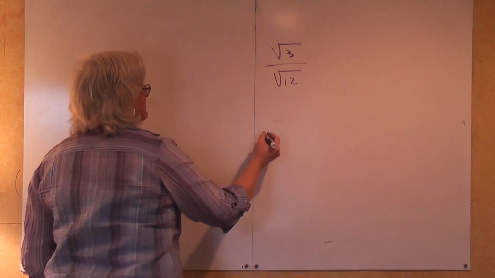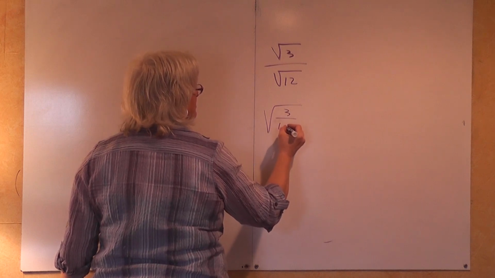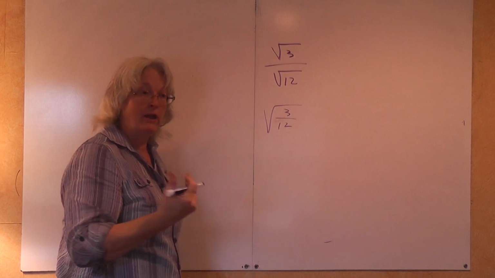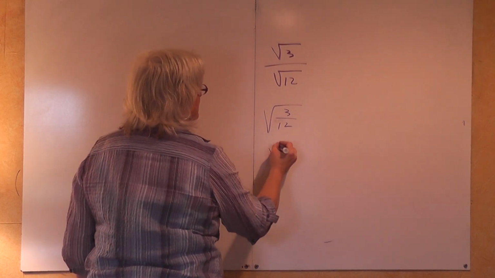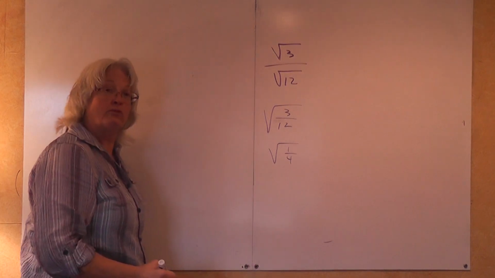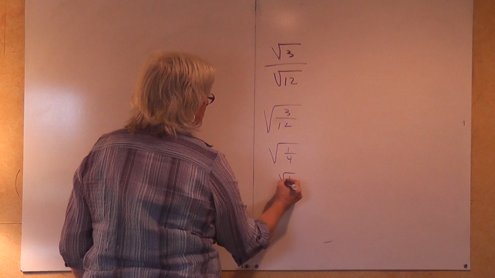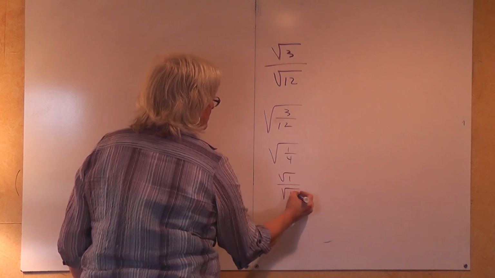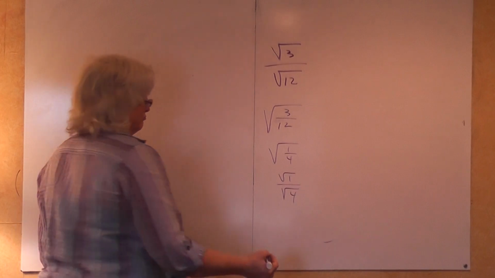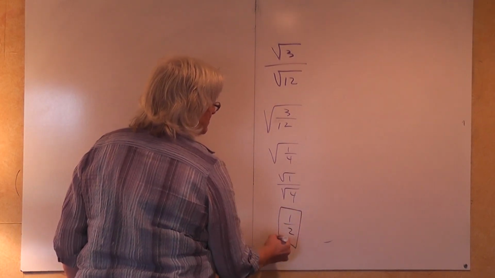So why don't we use our division property that says this is the square root of 3/12. Go ahead and reduce 3/12 into 1/4, isn't it? Square root of 1 divided by the square root of 4 is equal to what? 1/2 is your answer.